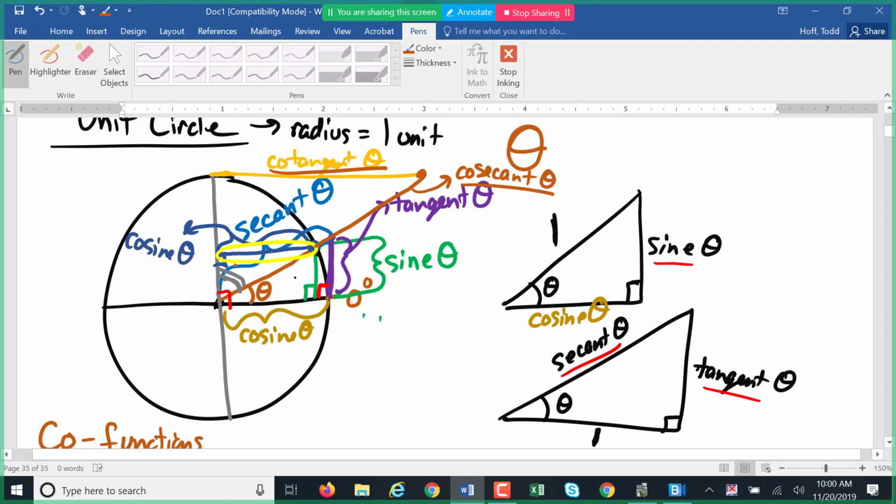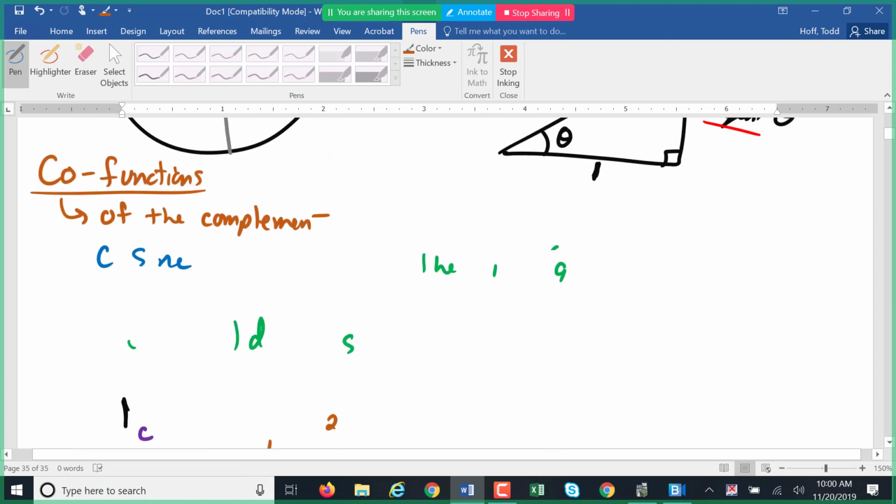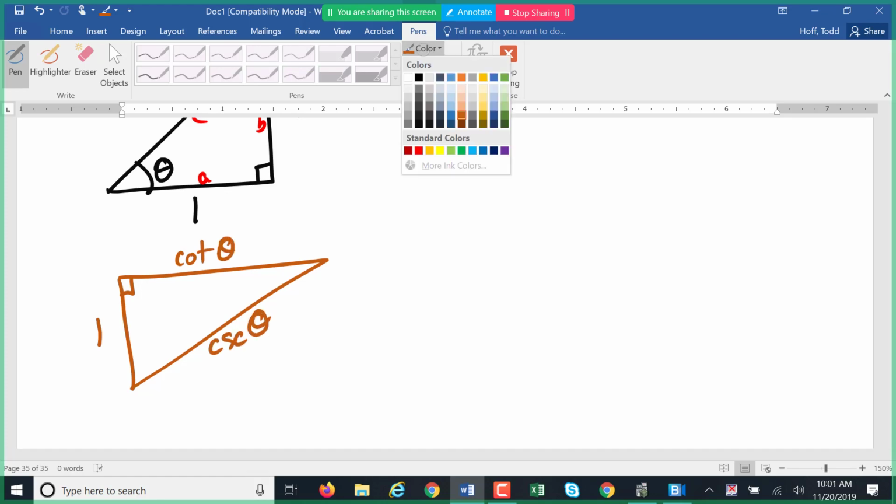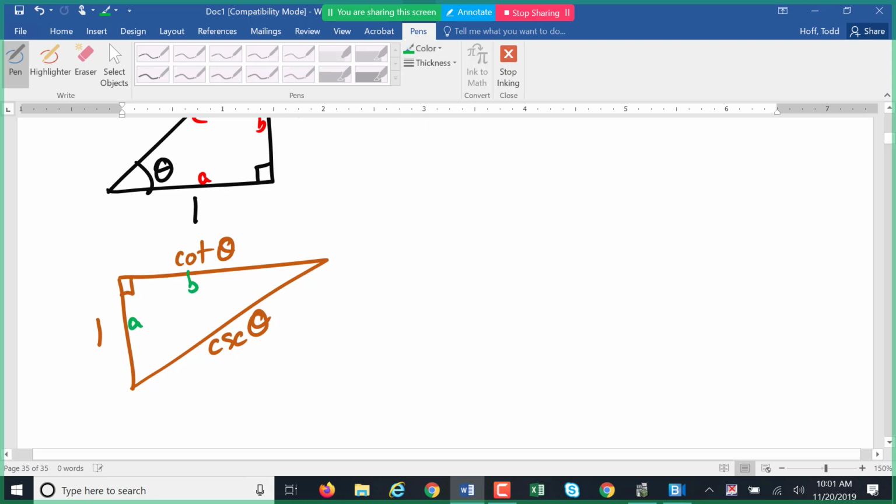Well, you can see that forms a large triangle there. Where this is 1, this is the cotangent of theta, and this is the cosecant of theta. And we can see again, we can label them A, B, and C for the two legs and the hypotenuse.